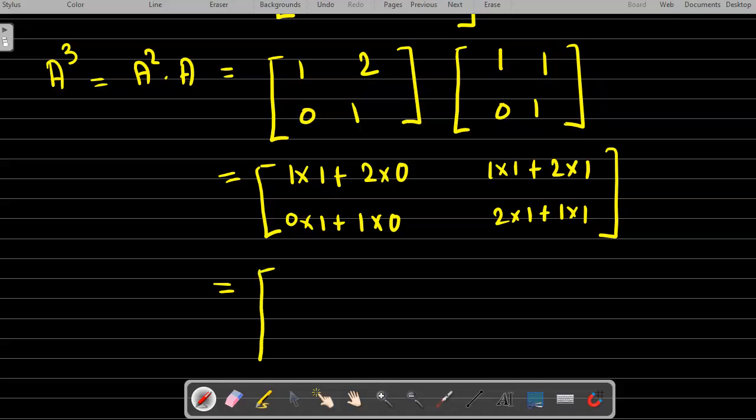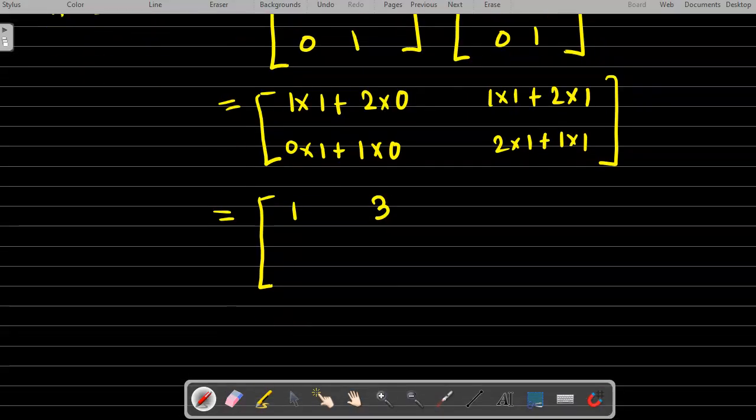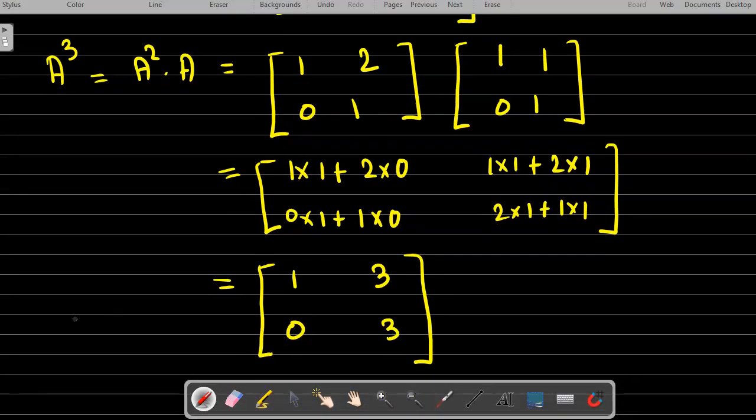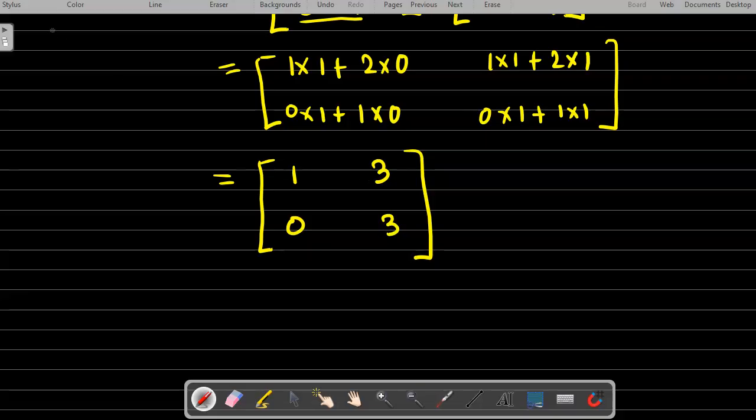So now it is 1, this is 1 plus 2, that means 3. Here it becomes 0, and it becomes 2 plus 1, that is 3. Sorry, one minute, I wrote this wrong. It will be 0 into 1 plus 1 into 1 with the second row dot product of the second column. So 0 into 1 plus 1 into 1, that is 0 plus 1, that is 1.